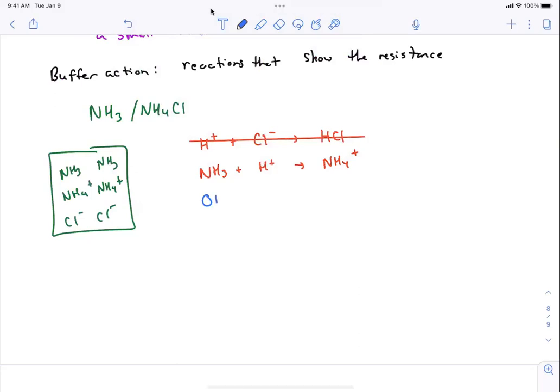So if I add OH minus here, which part of the buffer am I going to react with? Which species am I going to react OH minus with, out of this container?